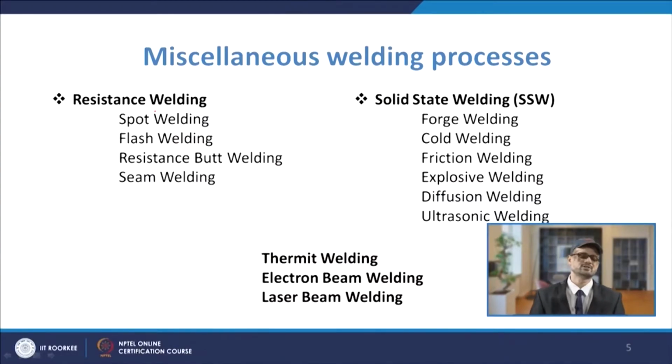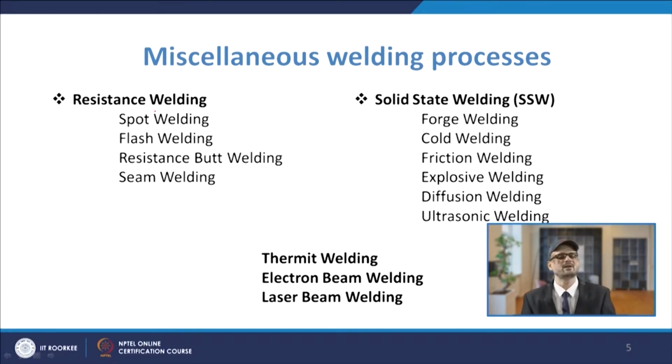You have the resistance welding processes, where basically you have the medium in between which has the resistance. Because of that you will have heat formed, based on I squared R t.